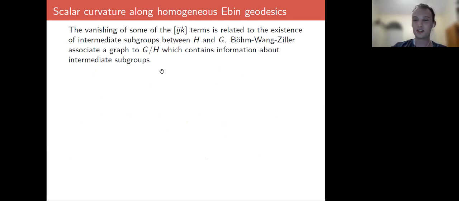So one convenient way to describe the situation here is by associating a graph with the homogeneous space, because it turns out that the vanishing of these terms and the vanishing of the BI terms is somehow related to the existence of intermediate subgroups between H and G. So basically they associate a graph to this homogeneous space where the vertices are these intermediate subgroups and edges join if one is contained in the other. So it's pretty funky stuff.